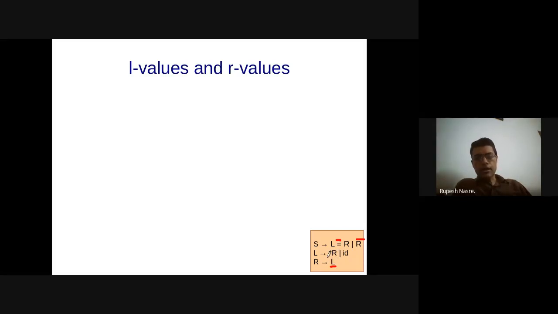Because L can be replaced by star R, therefore follow of R can contain equal to. And dollar is anyway going to appear because follow of R and follow of S according to this production is going to be followed by dollar. And therefore L could also be followed by dollar because of this connection. Right? Any questions on this? So please practice a little bit about this.